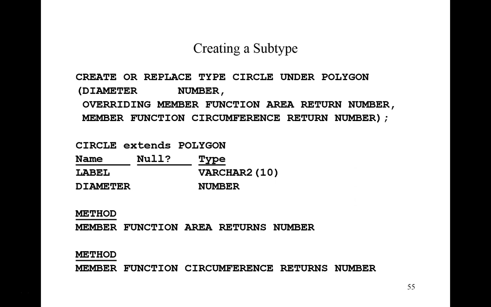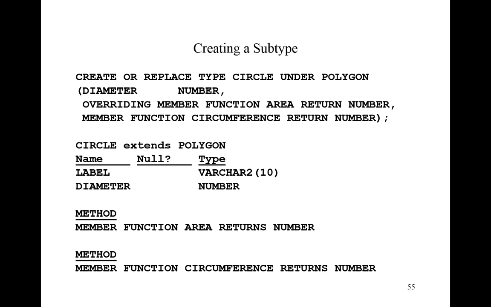Again, after executing the command, we can use the DESCRIBE command to find out information about this subtype. And the first thing we see is confirmation that this is an extension of Polygon. So we know that circle is a subtype. We also see the signature for the area method, which was overridden, and for the circumference method, which was declared locally.